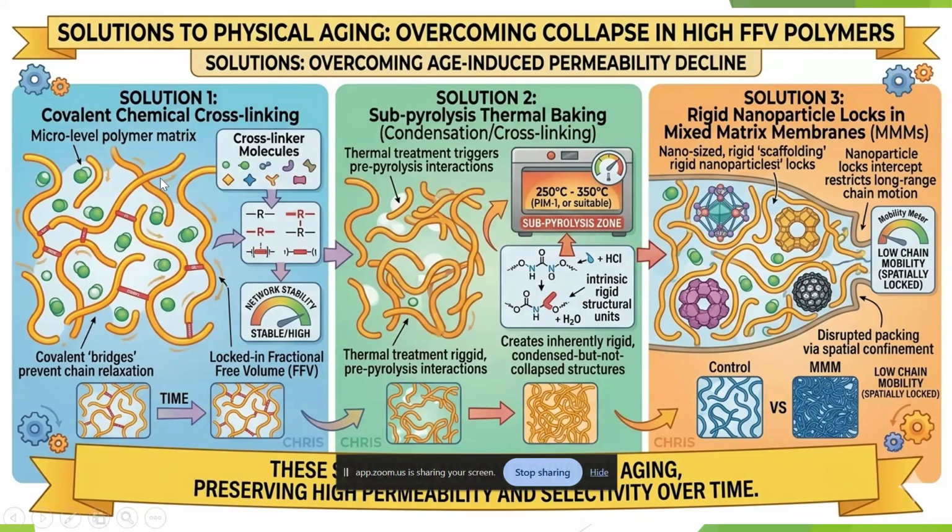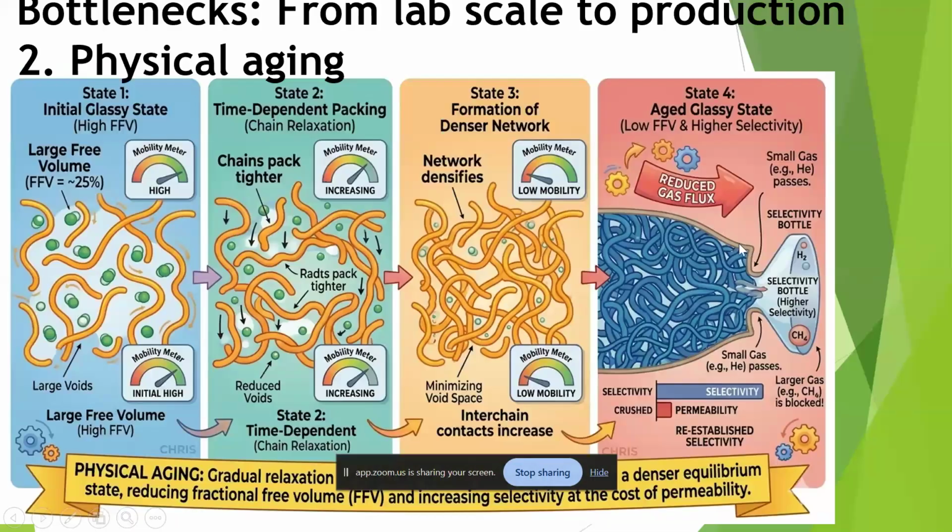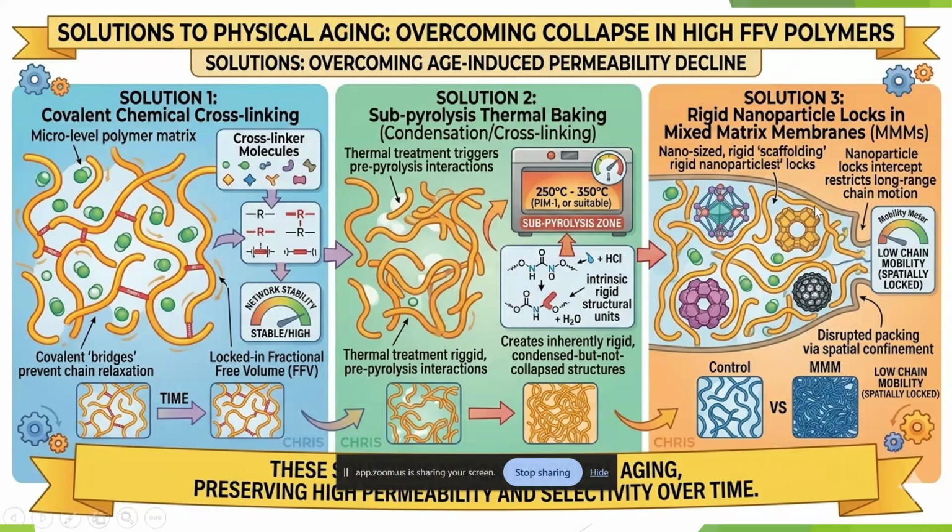Here also we do cross-linking in order to maintain a stable and strong bridge of polymers, where the issue of getting compressed together and reduced gas flux can be reduced by making use of different scaffolding locks and mixed matrix membranes.